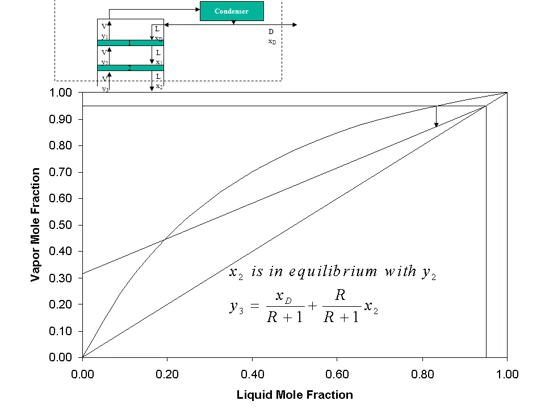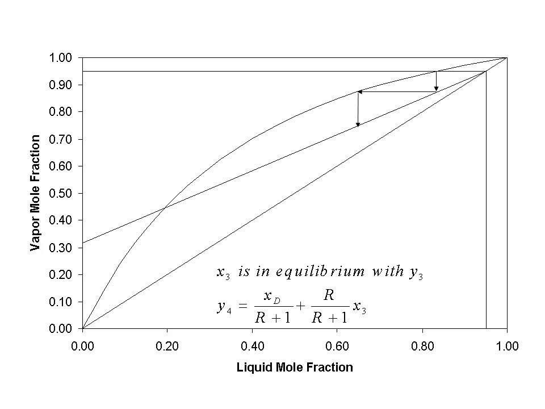Therefore, we take the value y2 and project it onto our equilibrium curve, and this will determine what x2 is. Now, y3 is given by our material balance, which we call our operating line. So we project x2 down to the operating line, and this will determine y3. Now that y3 is determined from the operating line, x3 can be determined from the equilibrium curve.